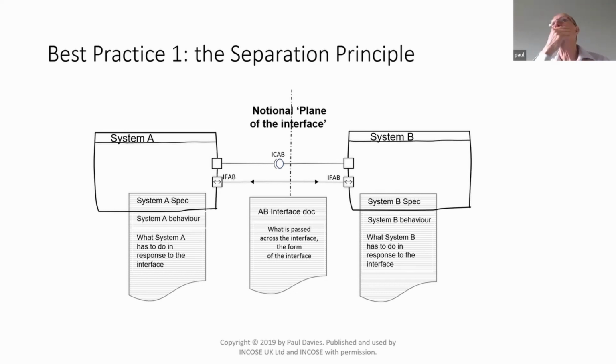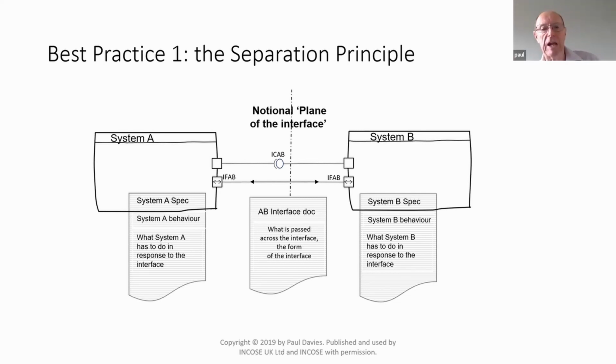Right, so having set all that as the background, let's have a look at some best practices. The first one is what I call the separation principle, where we say we've got a notional plane of the interface. And what we try and do is separate in the specification what is passed across the interface, or the form of the interface, from the stimulus response behavior across the interface from system A and system B. And the purpose of that is so that everything is specified only in one place.